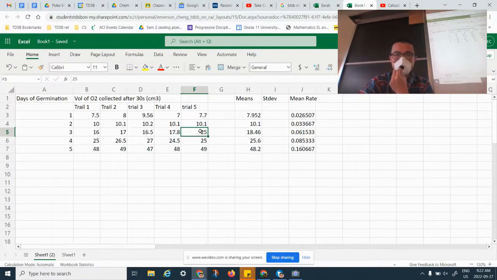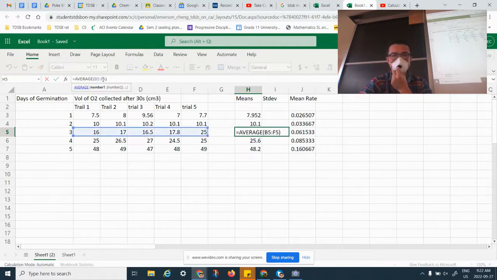So how do you calculate that? I did the averages already, if you look. Averages B5 to F5, meaning this here. Now I don't want to include the F5, I just want to go from B5 all the way to E5, 17.8. So what I do is click on this here and change it to E5 instead.